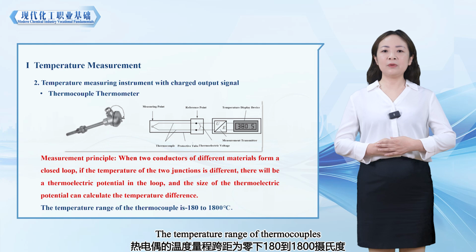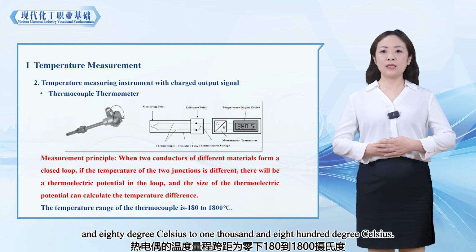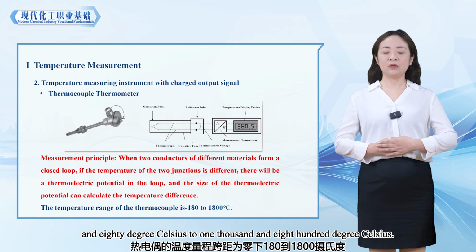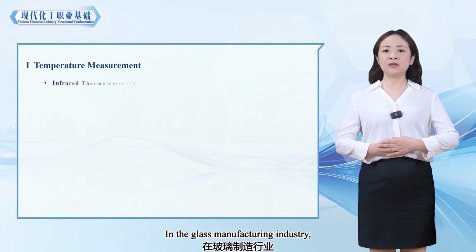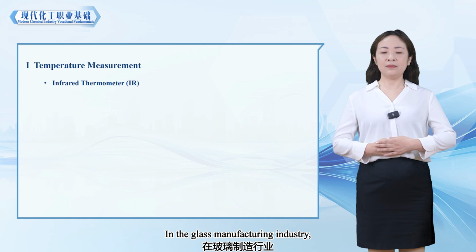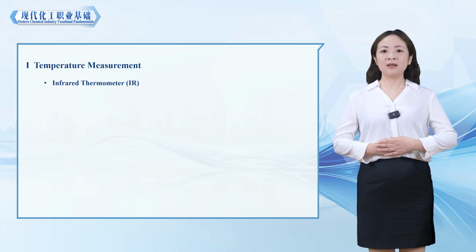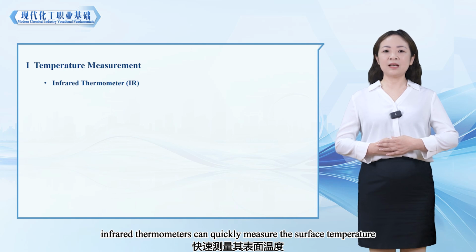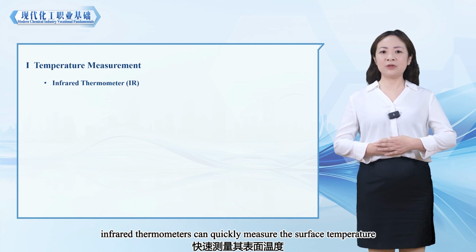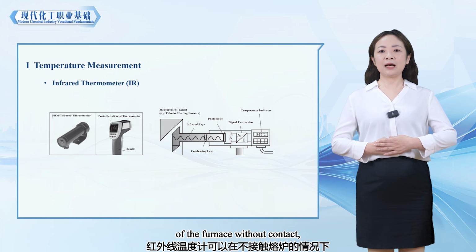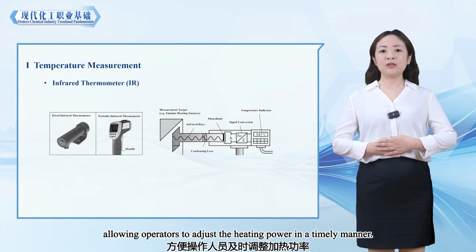Thermocouples range from -180 degrees Celsius to 1800 degrees Celsius. In the glass manufacturing industry, where precise control of furnace temperature is required, infrared thermometers can quickly measure the surface temperature of the furnace without contact, allowing operators to adjust the heating power in a timely manner.